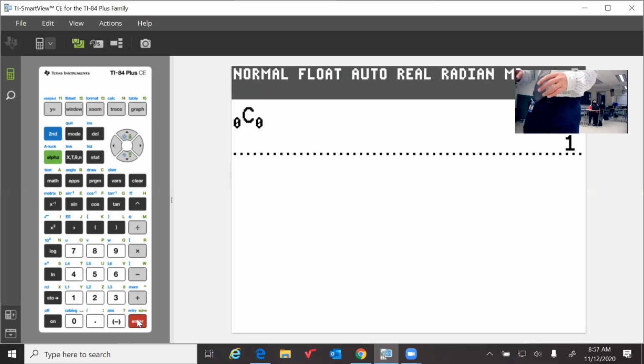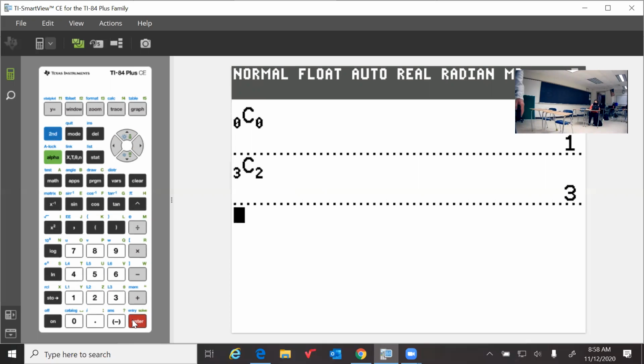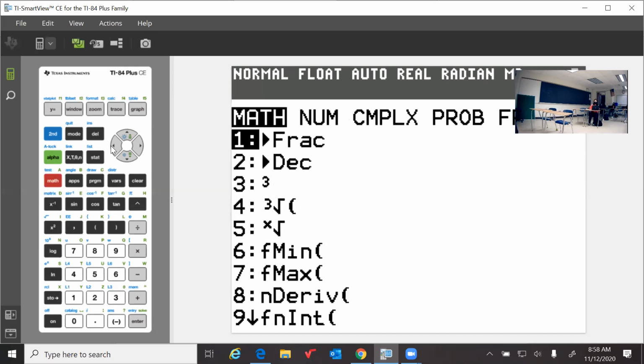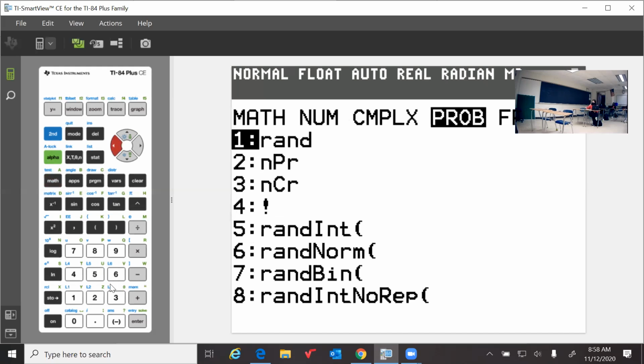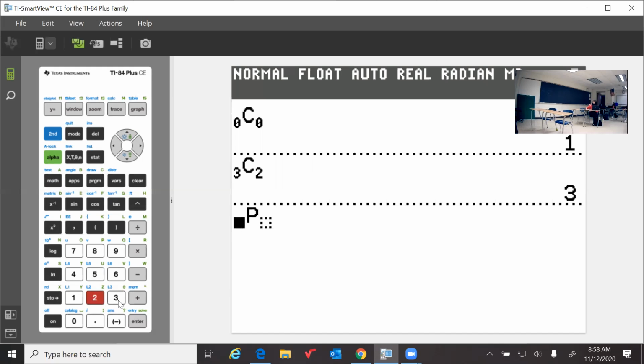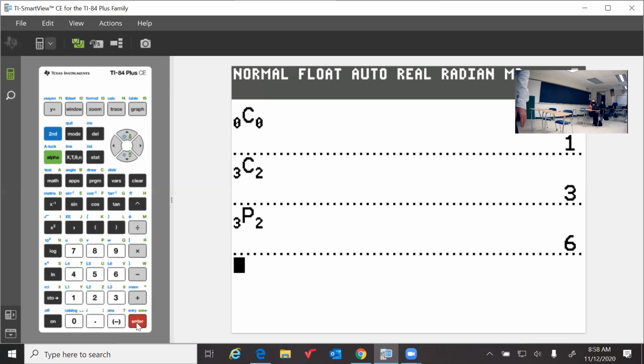So in the calculator, if I go 3 choose 2, you get a 3. Right? If you go 3 choose 2 for a permutation, you get a 6. Why?